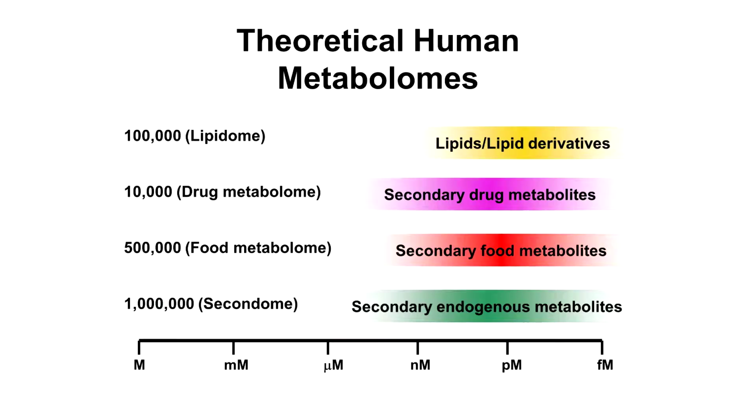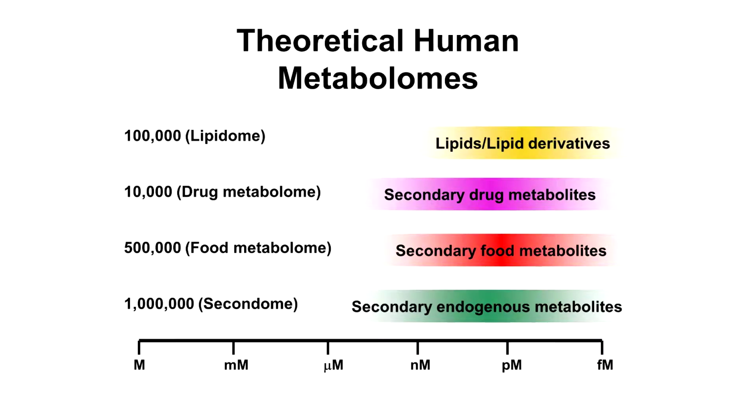So we can take some measures of particularly the variety of acyl chains that can be found in lipids, and we can do some calculations, and we can estimate that the number of lipids that might be in humans are probably over 100,000. We also know that even though we've tracked maybe 1,200 drug metabolites that are registered or known, just the fact that there are 1,500 drugs and the assumption around 6 to 7 different metabolites for each drug tells us there should be at least 10,000 drug metabolites.